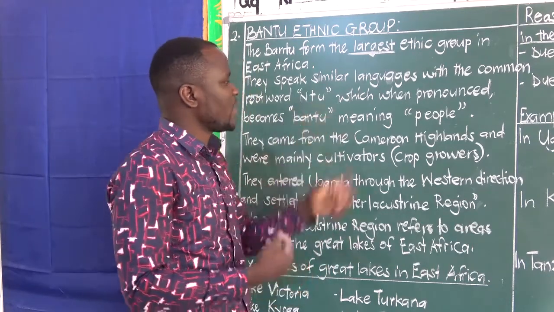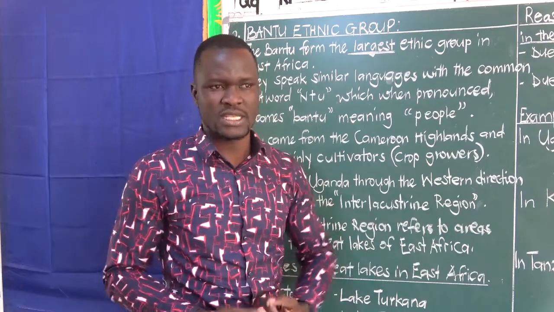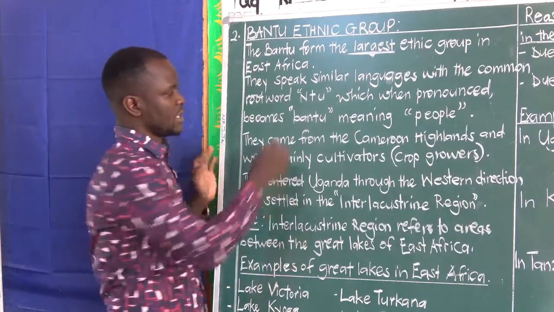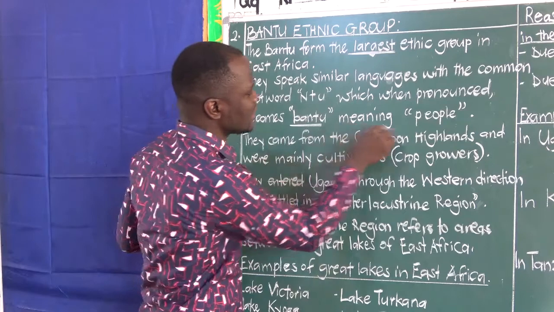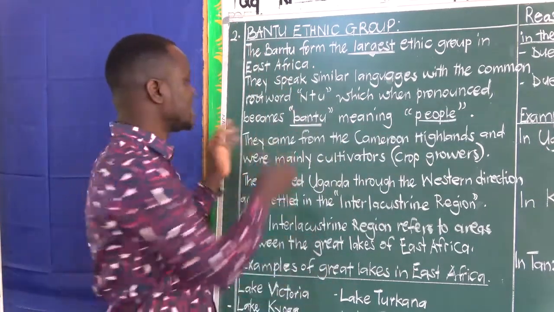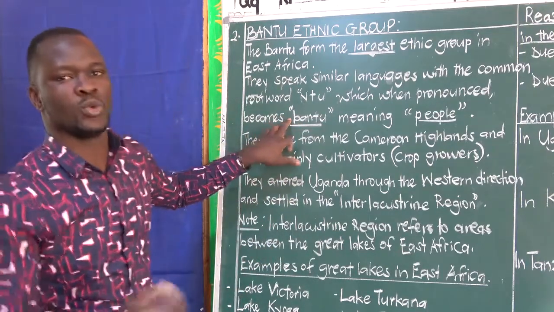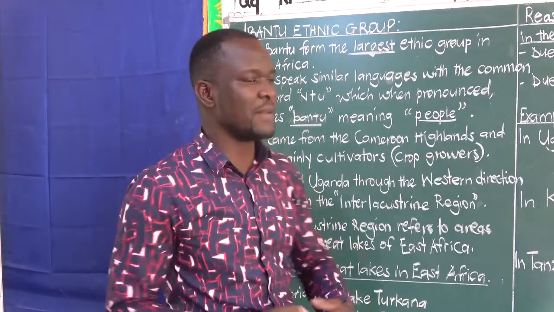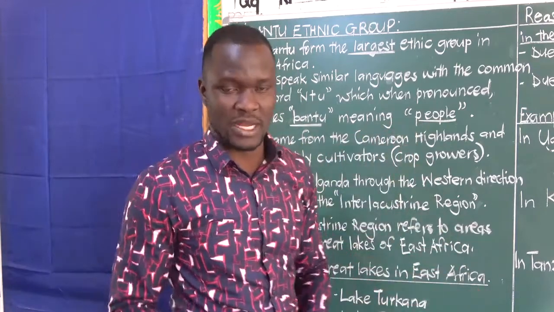This is used when referring to things or a person. This is in the singular form, and when pronounced in the plural form it becomes Bantu, which means people. That is the meaning of Bantu. It's from here that they just add the letter A to bring Bantu, and they will have it as people. So when you are asked what the word Bantu refers to, Bantu means people, as simple as that.